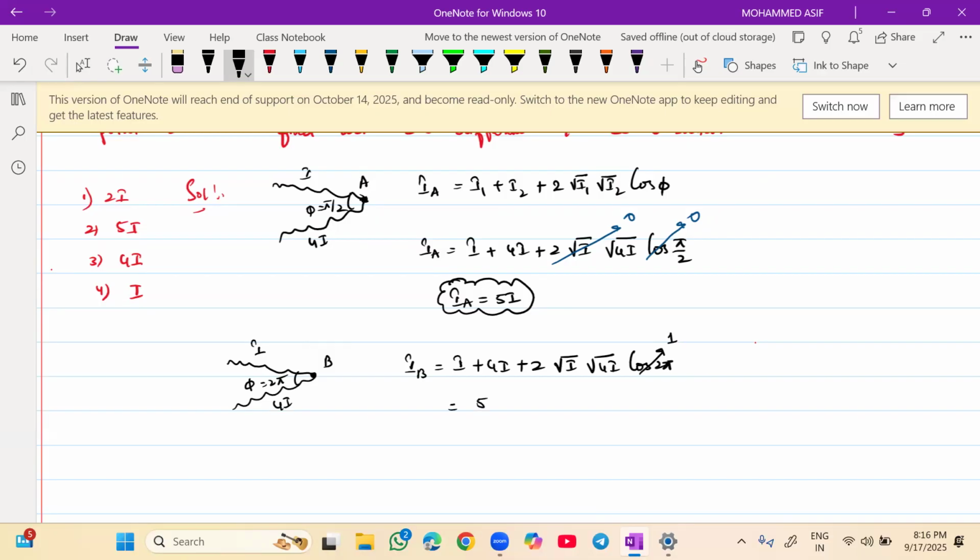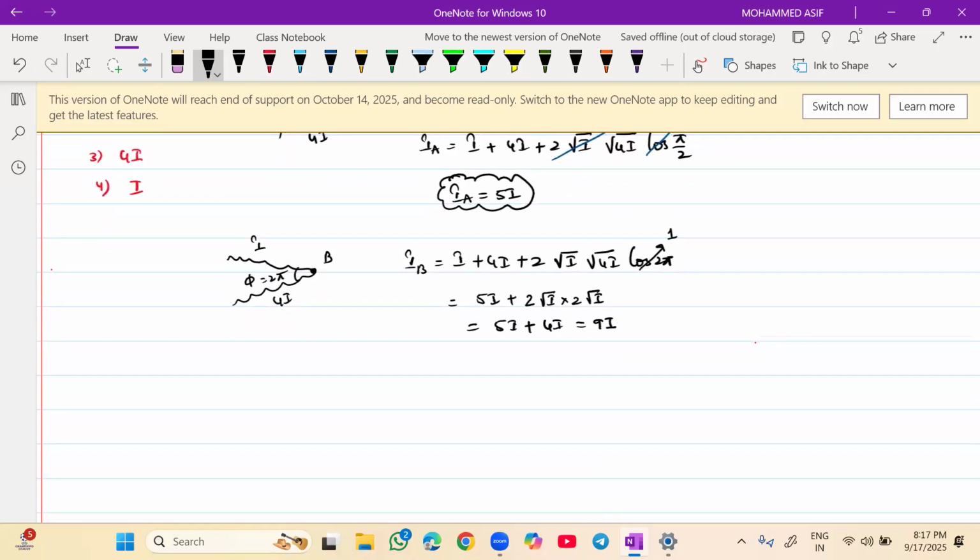I plus 4I is 5I, plus this one is 2, root I into root of 4, that is nothing but 2. Root I into root I is nothing but I. So it is 5I plus 2 into 2, that is 4I. So this will be equal to 9I.